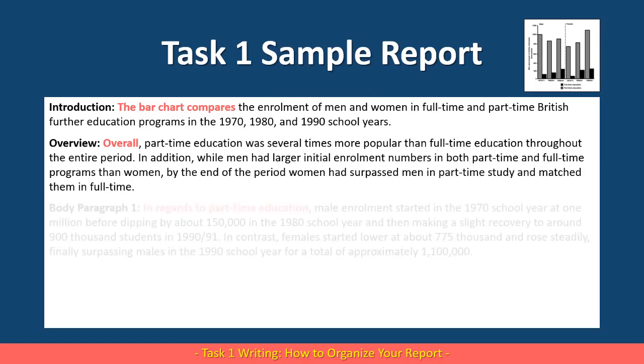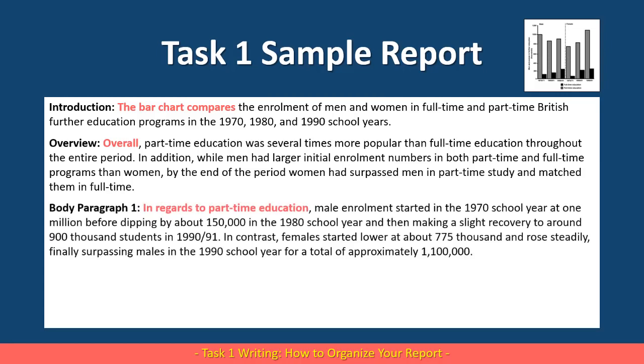All right, next, body paragraph 1. In regards to part-time education, male enrollment started in the 1970 school year at 1 million before dipping by about 150,000 in the 1980 school year and then making a slight recovery to around 900,000 students in 1990/1991.